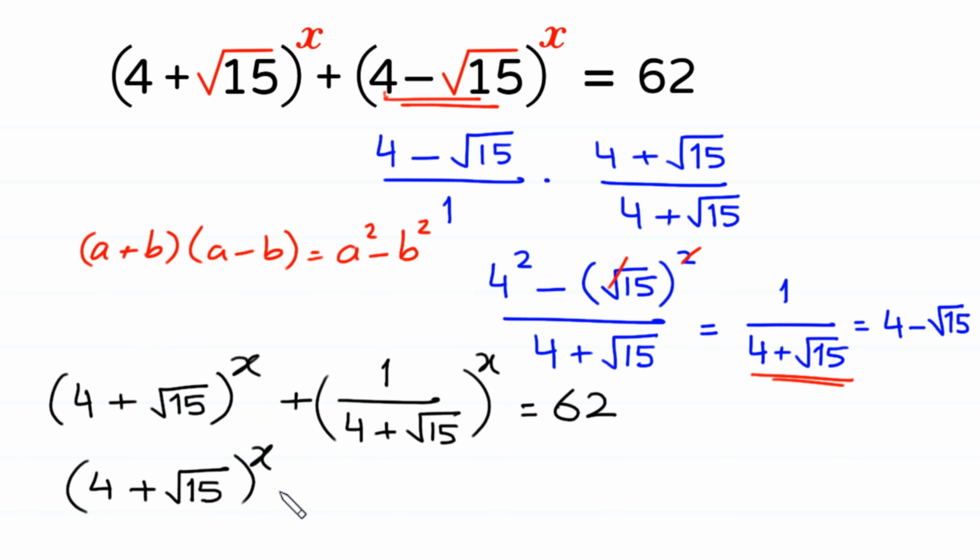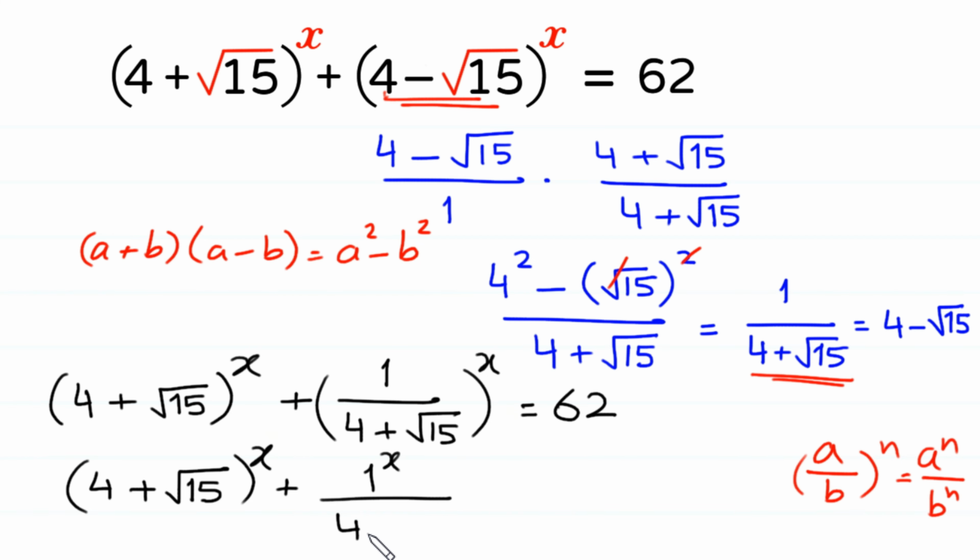Next, (4 plus square root of 15) whole to the power x plus, according to the rule of exponents, a over b whole to the power n is equal to a to the power n divided by b to the power n. This power x will become the power of this 1 and the power of this 4 plus square root of 15. 1 to the power x divided by (4 plus square root of 15) to the power x is equal to 62.